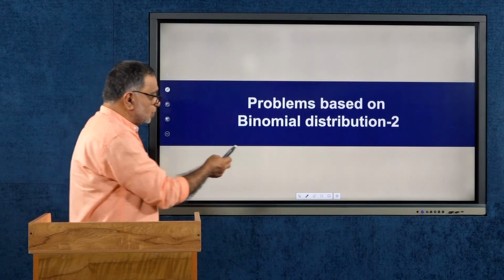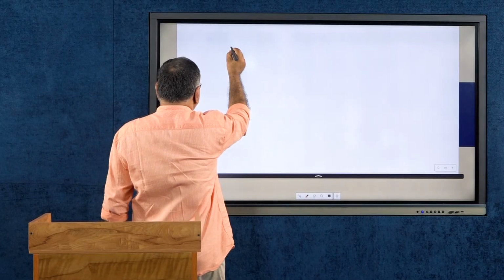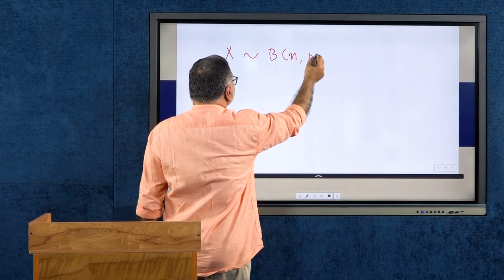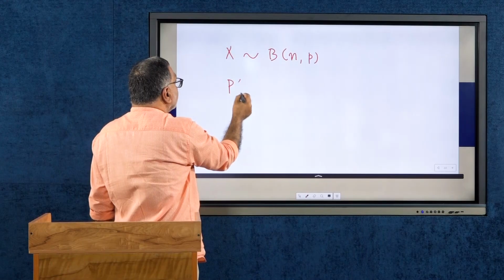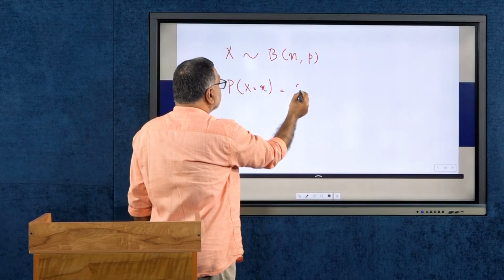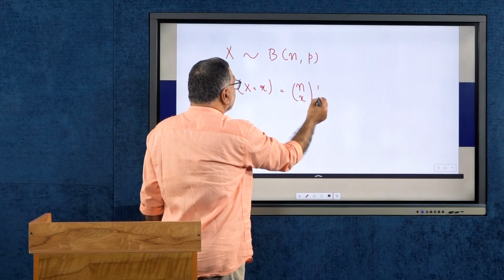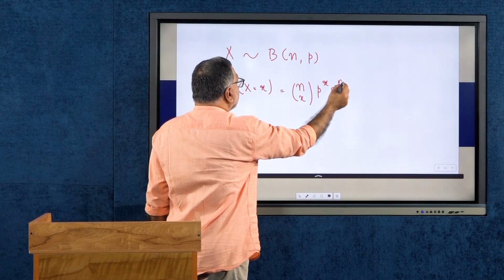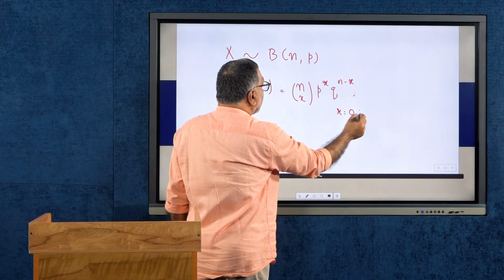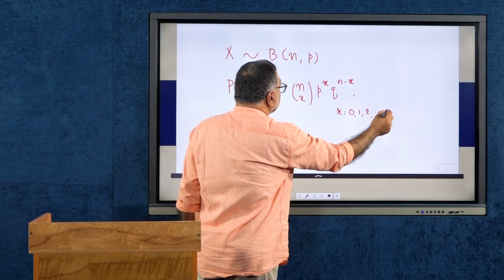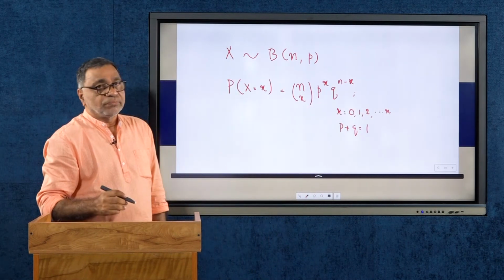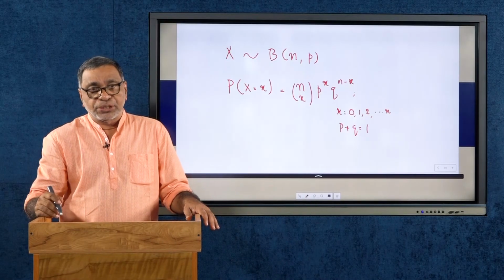Suppose we have a random variable x that follows binomial with parameters n and p, then the probability mass function of that random variable is given by nCx p power x q power n minus x, where x takes the values 0, 1, 2, etc. up to n, and p and q satisfy the equation p plus q is equal to 1. So, this is the binomial probability mass function.